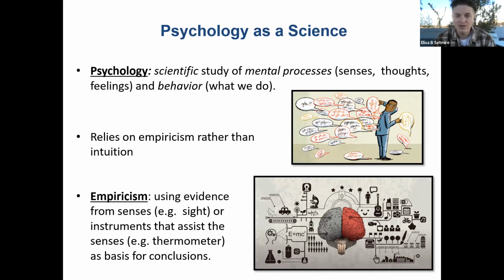So when we talk about people relying on intuition, we're talking about common sense, gut feelings, things that are very subjective and maybe unique to an individual, versus empiricism, which is something that's a little more objective and hopefully using a little bit more evidence. And that is definitely very characteristic of scientific studies.